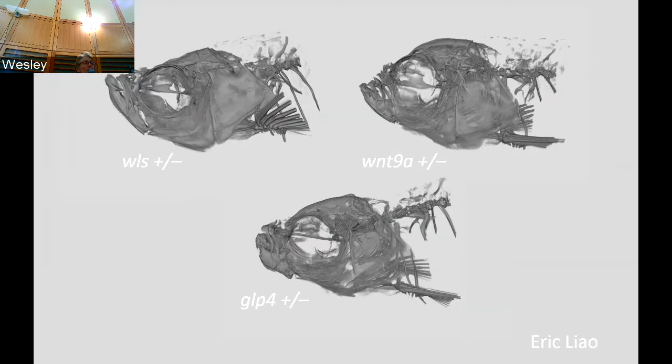We've also been trying to use the confocal data and the 3D reconstructions to get volume measurements for specific bones and compare wild type and mutant. But I agree it would be good to come up with an even better set of landmarks, so we're working on it.